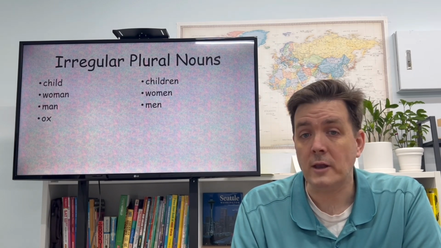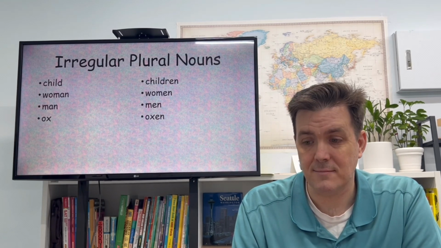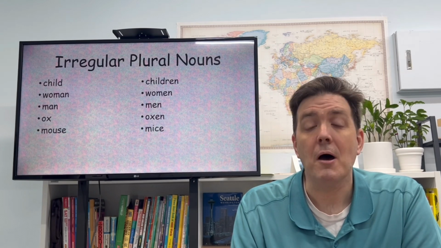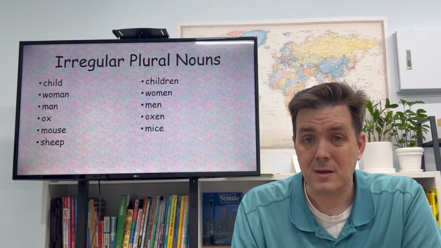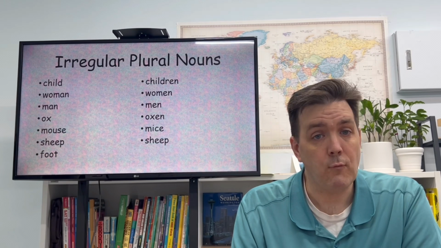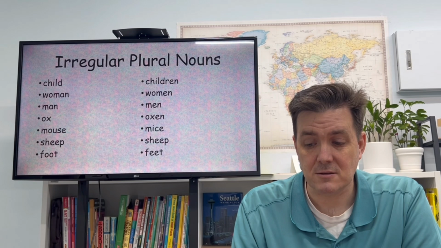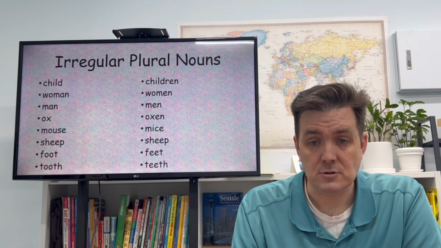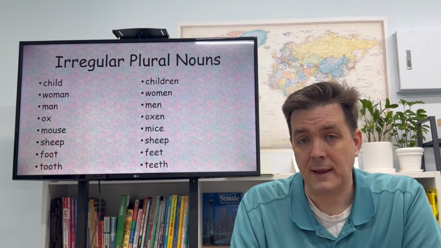We have one ox, and we have two oxen. We have a mouse, and then we have mice. We have one sheep, and we have two sheep. We have one foot, we have two feet, one tooth, and two teeth. All of these are irregular nouns.